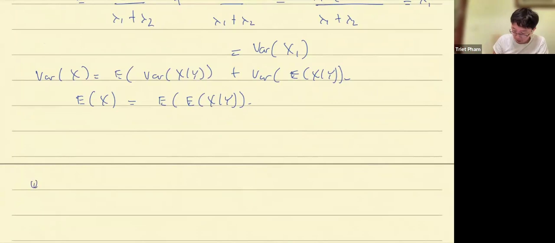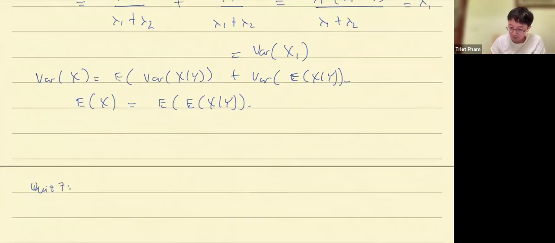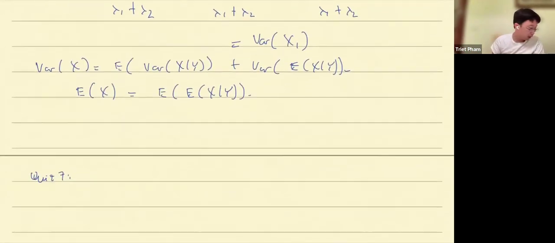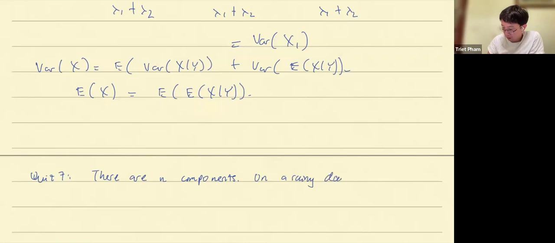So this is quiz 7. It says there are n components. On a rainy day, component i will function with probability p_i.